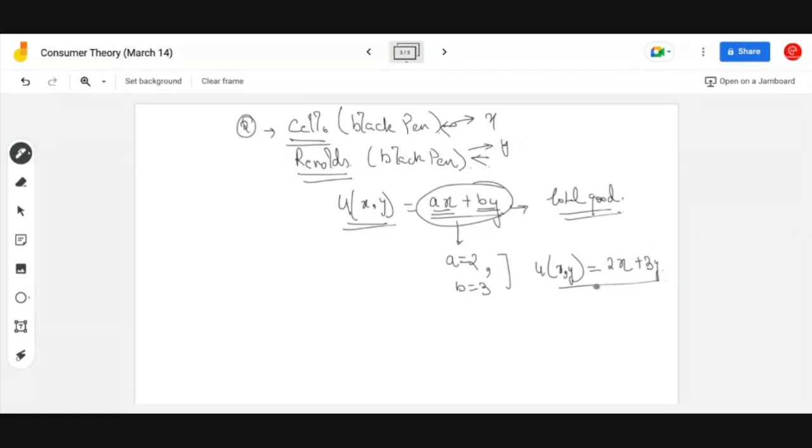Yes, sir. Okay. Now you are saying that x and y are perfect substitutes. This means that you can consume either x or y. Yes or no? So to reach a particular utility, your x comma y should be either 5x or 5y, and you'll get the same utility.